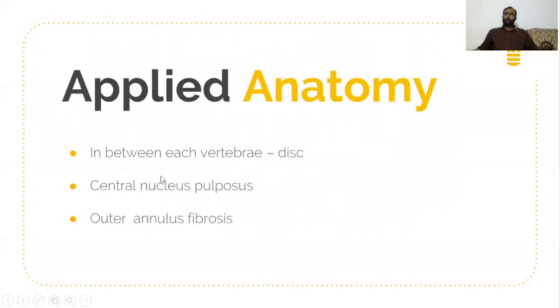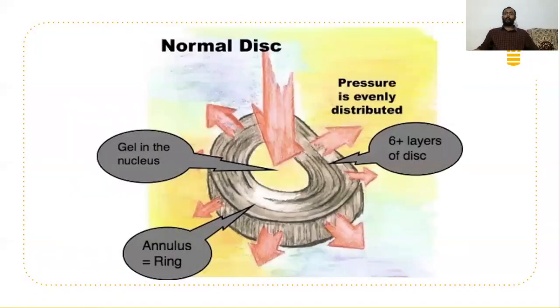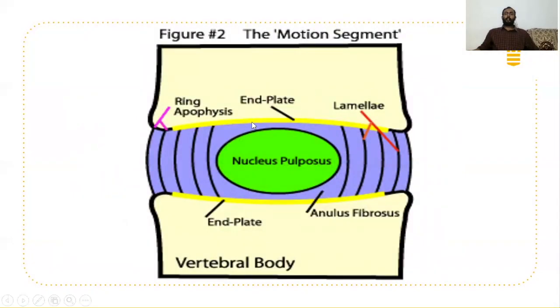Next, I already explained that in between each vertebra there is an intervertebral disc, with a central nucleus pulposus, which is gelatinous and hydrated, circled by 6 layers of annulus fibers. Please note that the pressure is evenly distributed in a normal disc. Here, the disc is attached to the vertebra with the end plate.